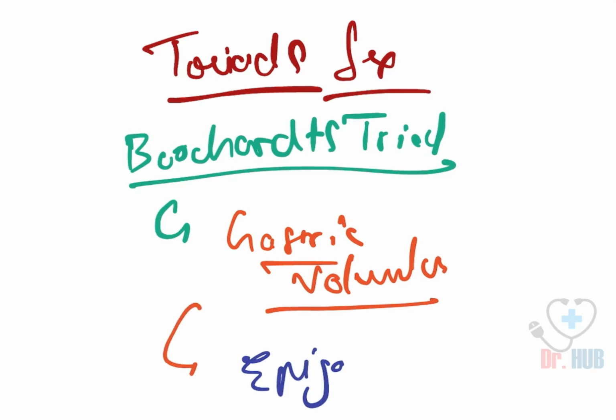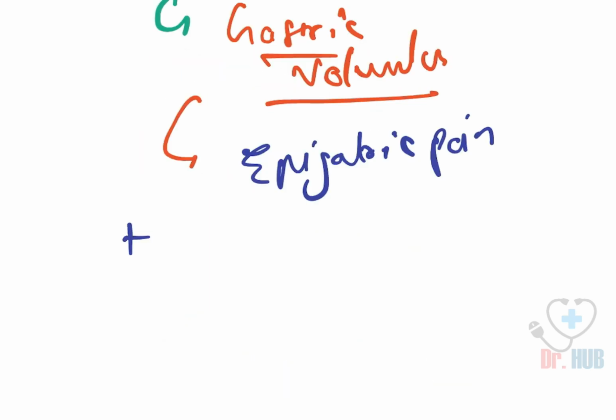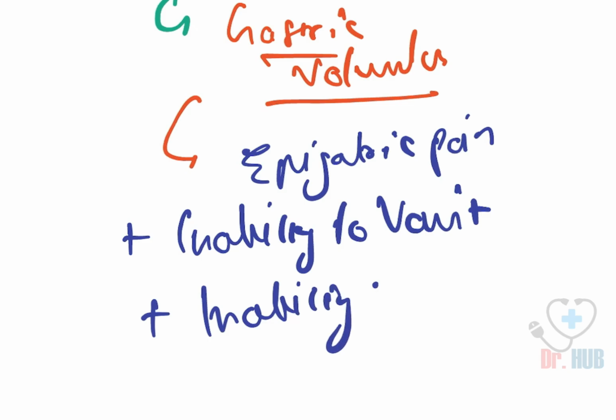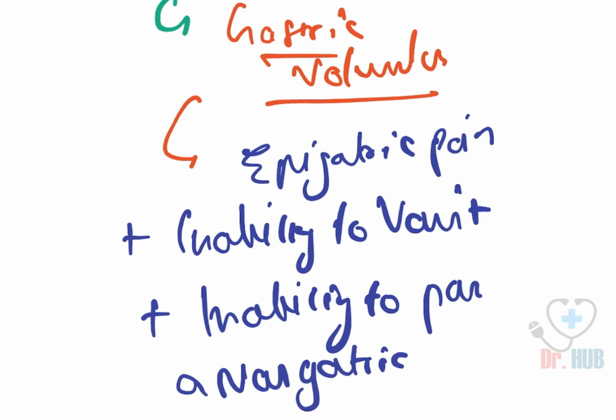Components include epigastric pain. Next, it also includes the inability to vomit. Next, it also includes the inability to pass a nasogastric tube.